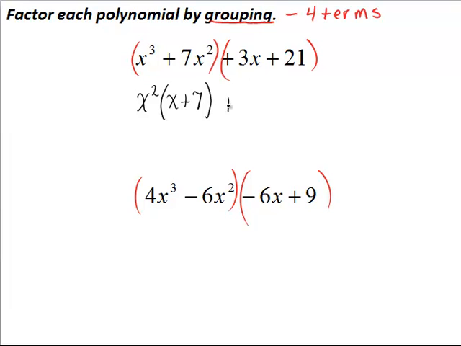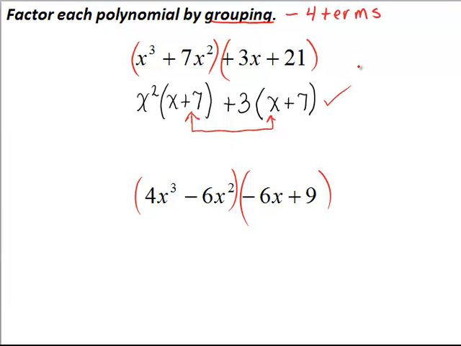So I'm going to pull out a positive 3, leaving me inside with x, since 3 times x is 3x, and 7, since 3 times 7 is 21. In order for the grouping to work, we need to be sure that these 2 things we are left with match. And in this case, they do.